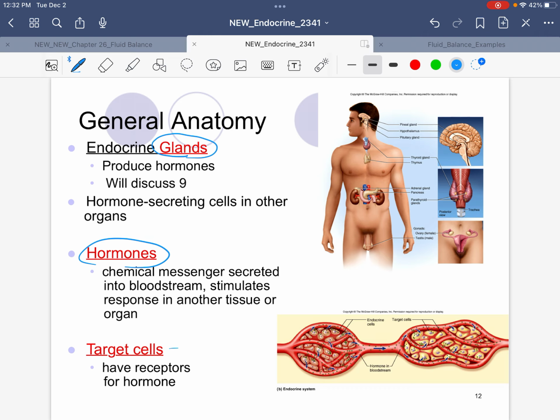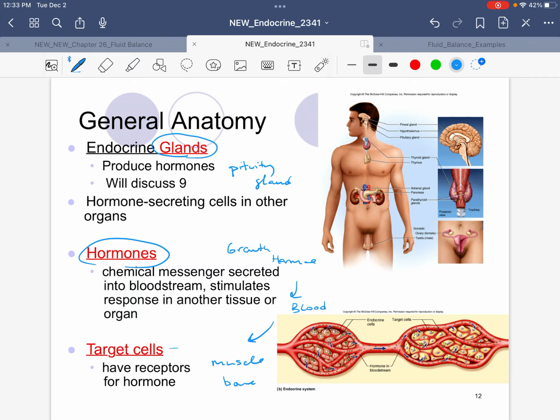Growth hormone, easy example. Growth hormone is produced from the pituitary gland. So as an example, pituitary gland releases growth hormone into the bloodstream. Where does growth hormone go? Its target cell is the muscle or bone.